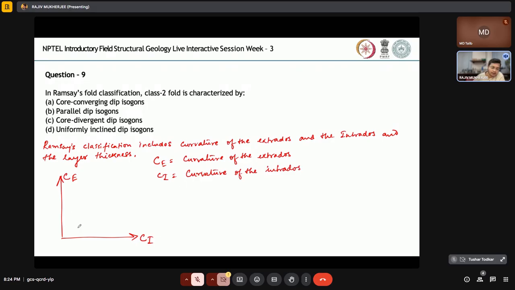Then of course for this kind of graph we will always have a 1:1 line. Now the 1:1 line divides the entire graph area into two prominent parts. First is a part where the curvature of the intrados is greater than the curvature of the extrados.